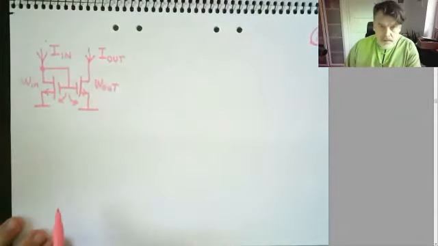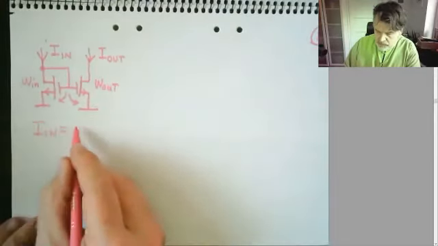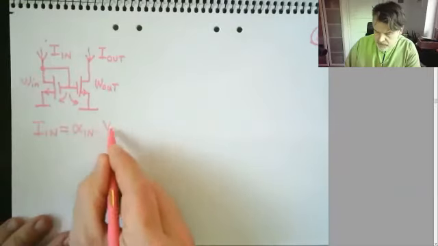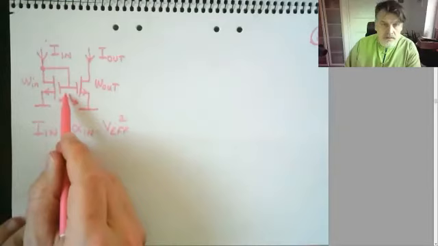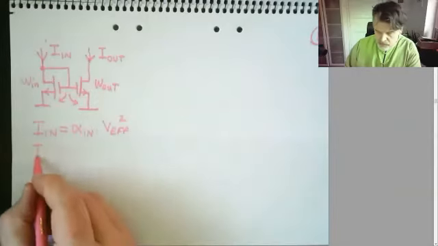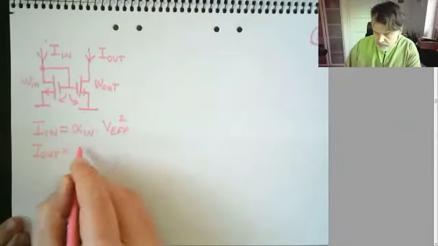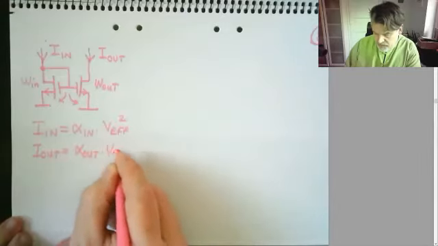Okay, so this means that I in is equal to alpha in times V_eff squared. And this effective gate voltage is the same on both transistors. So we also know that I out is equal to alpha out times the same V_eff squared.